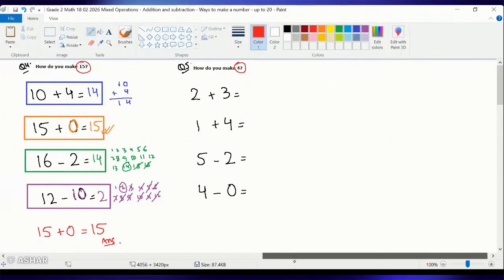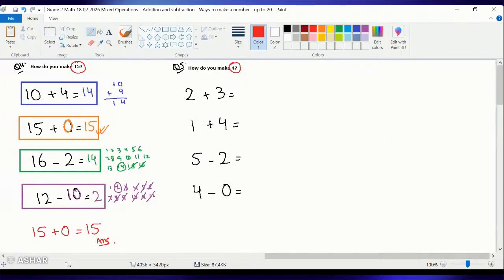So for the question number 5, it says we have 4 options. The 4 options given are 2 plus 3. And we know that if there were 2 ticks over here and 3 ticks over here, 2 plus 3 would always be equals to 5.